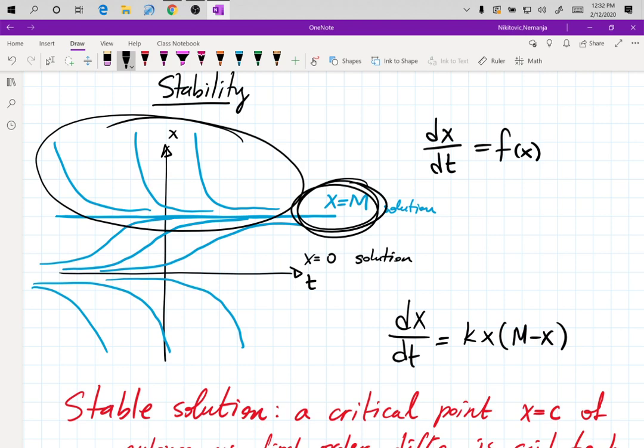And that is for our logistic growth. But what happens with the extinction is completely opposite, which must make sense.